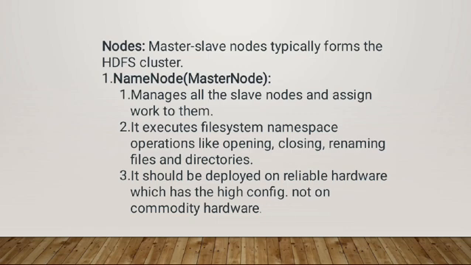It should be deployed on reliable hardware which has a high configuration, not on commodity hardware. The name node, the core of Hadoop Distributed File System, manages the file system namespace and client access permissions.